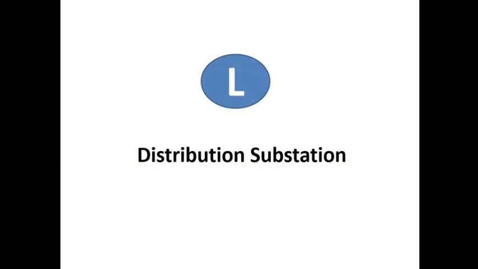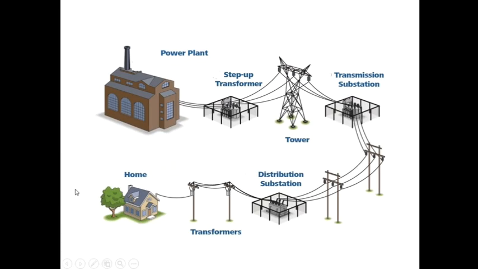Today we discuss distribution substation. Here is the power plant that may be hydro or thermal or nuclear or solar or wind. During generation, generating voltage is very less.